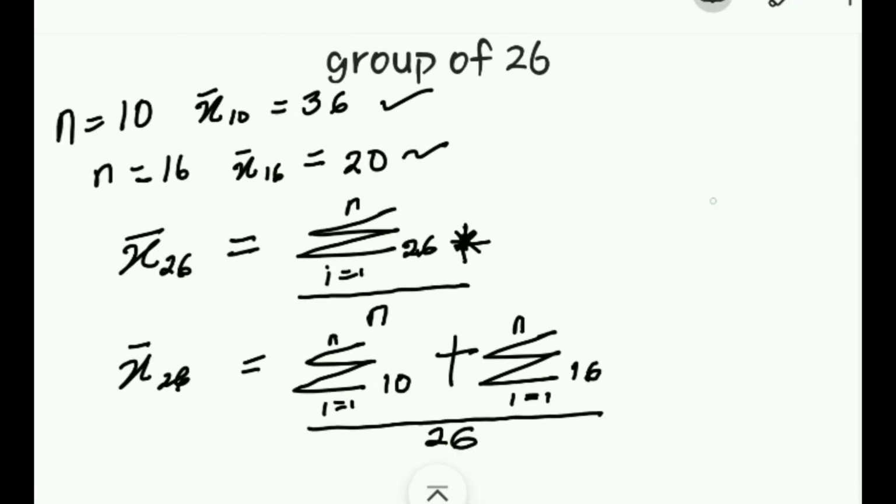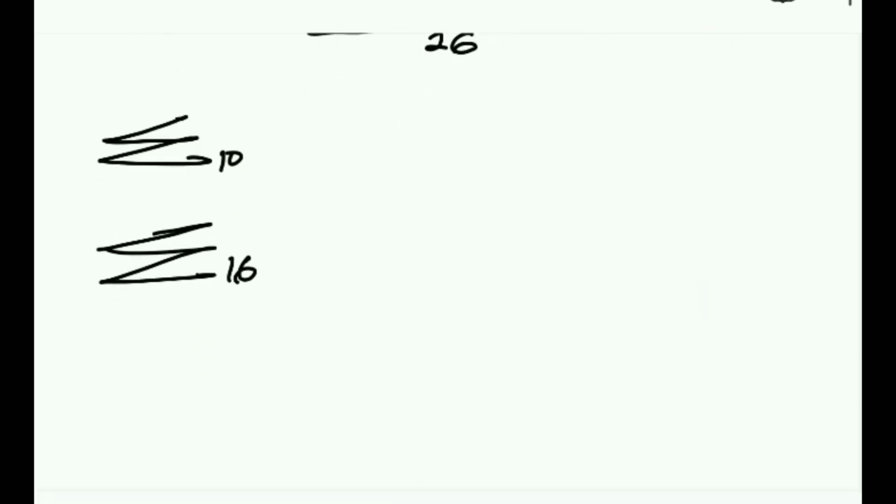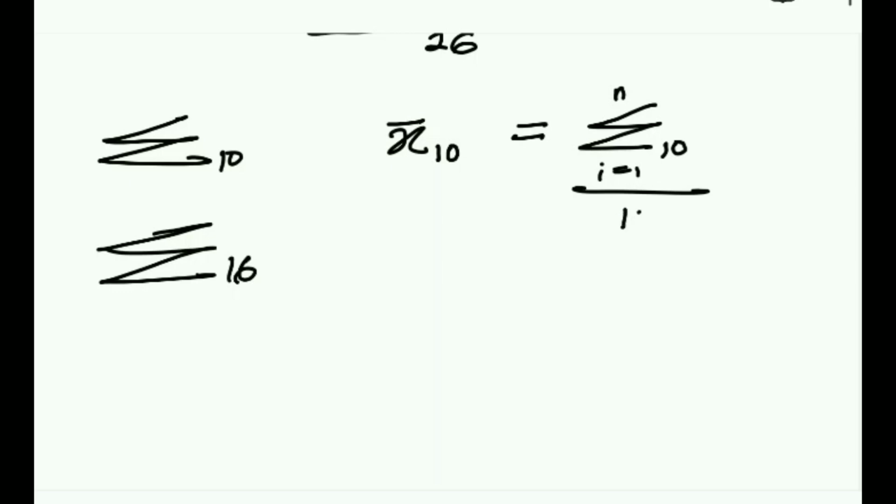So let's use this to find the sum. The mean of the first group, 10 scores, is equal to the summation of all the 10 individual scores from the first to the last divided by 10. Now the mean is given as 36. So I'm substituting: 36 equals the summation, which we don't know, divided by 10.